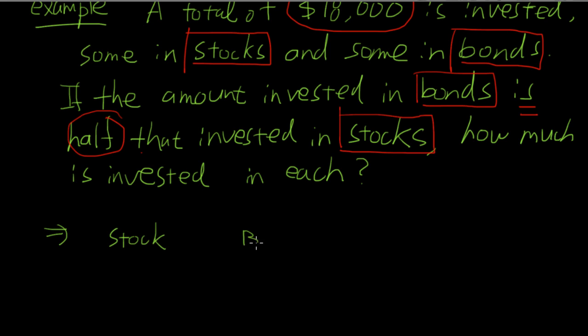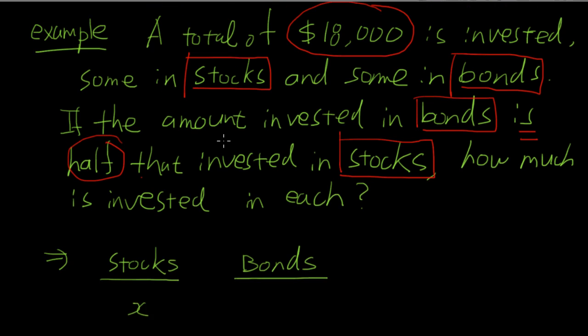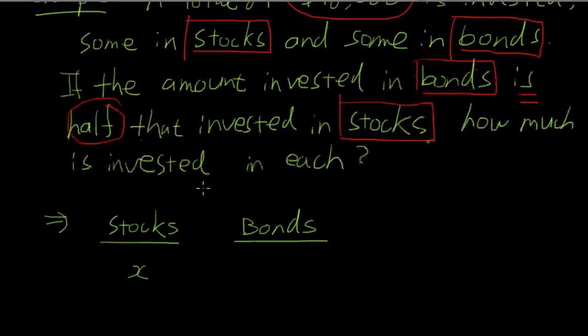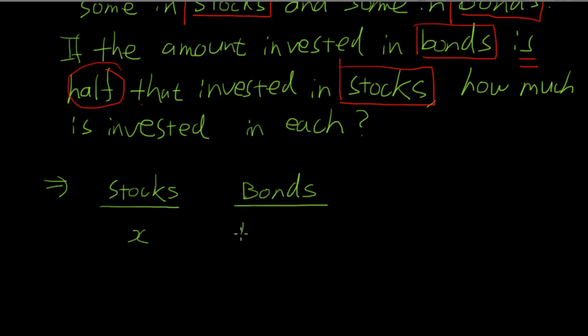Let's say S. We do not know how much we invested in stock, so let's set this as X. Well, if we invested X dollars in stock when we have a total of 18,000, then 18,000 minus X must be invested in bond, right?